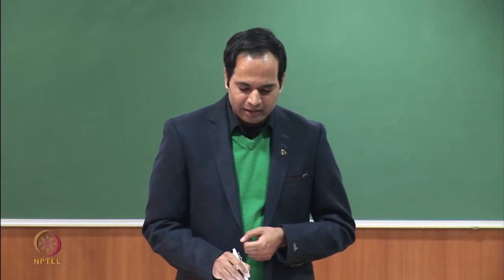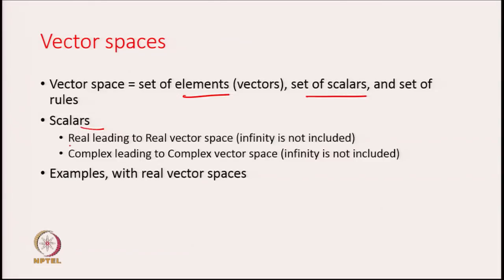Now, these scalars can be real numbers, and then we are talking about a real vector space. These scalars can be complex, and then we are talking about a complex vector space. So, we can have vector spaces of two kinds: real vector spaces, which means the scalars involved are real, and complex vector spaces, which means the scalars involved are complex.